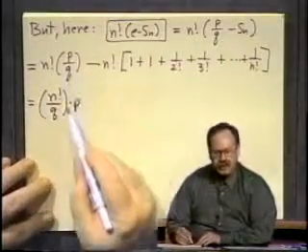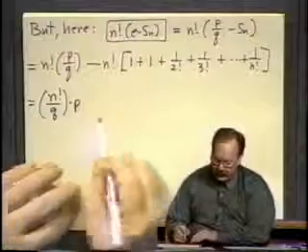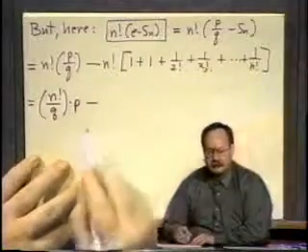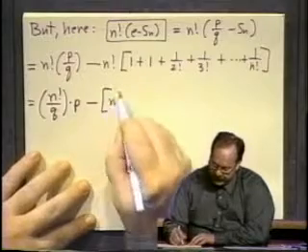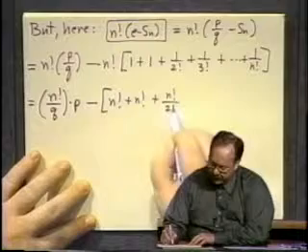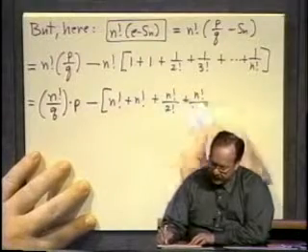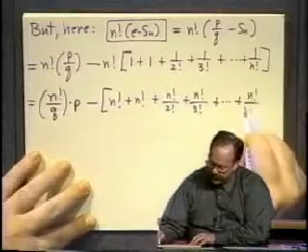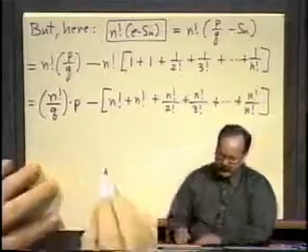It's the same as the above, but you'll see in a moment why I wrote it that way. Minus, and this time let's run the n factorial through the entire expression, minus n factorial plus n factorial plus n factorial over 2 factorial plus n factorial over 3 factorial plus, finally, n factorial over itself, n factorial.